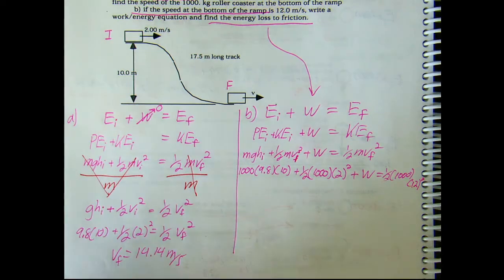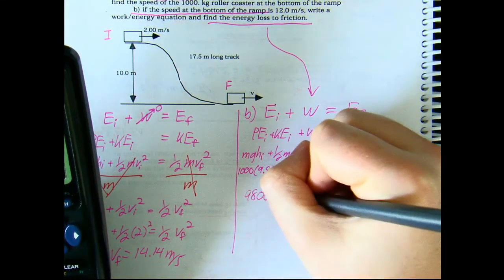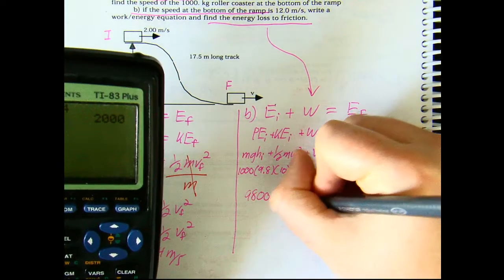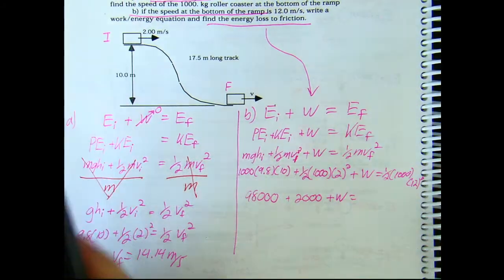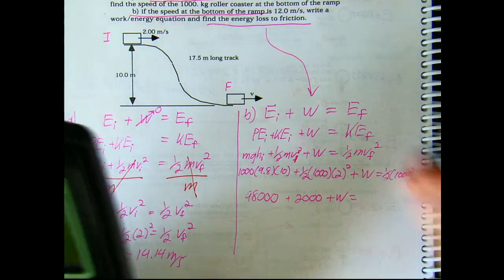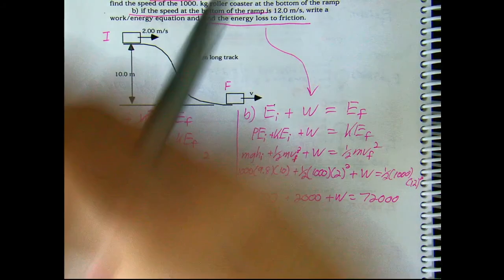I'll just show you what this thing looks like. So 1,000 times 9.8 times 10 is 98,000 plus, sorry, 0.5 times 1,000 times 4 is 2,000, plus my work is going to equal 0.5 times 1,000 times 12 squared equals 72,000 joules.